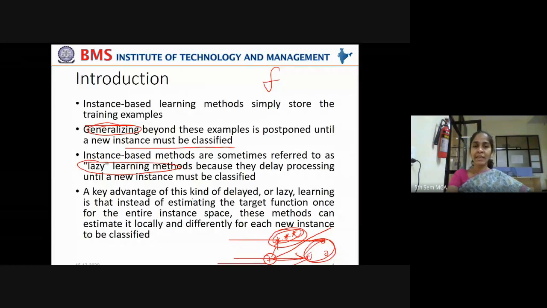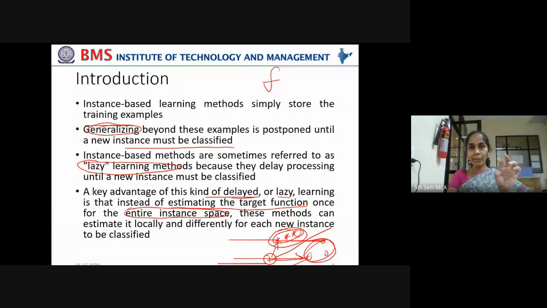Okay. Now, a key advantage of this kind of delayed, lazy learning is that, instead of estimating the target function once for the entire instance space, as in candidate elimination, find-S and decision tree algorithms, where the hypothesis is learned over the entire instance space, over all the training examples.